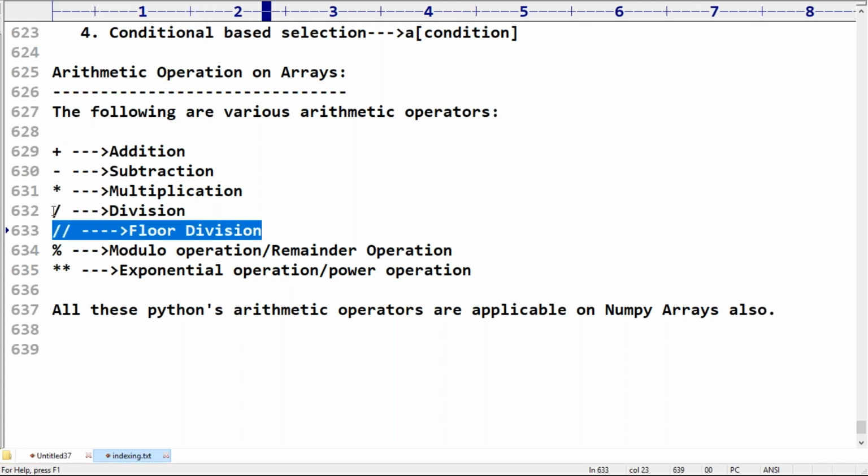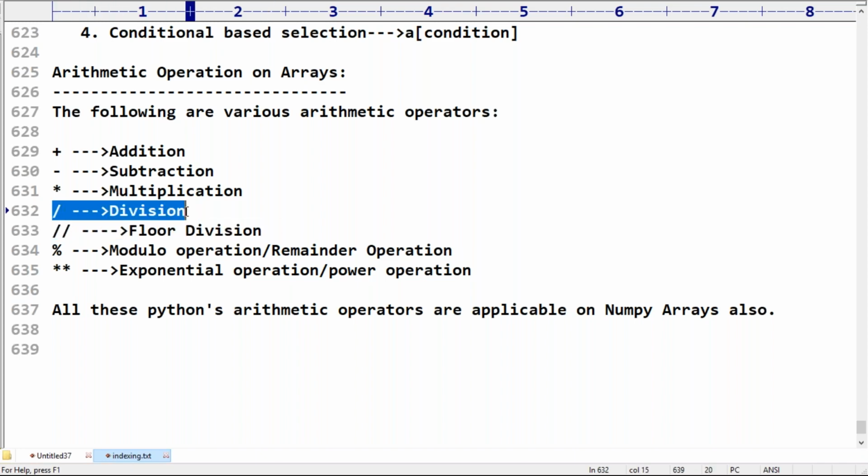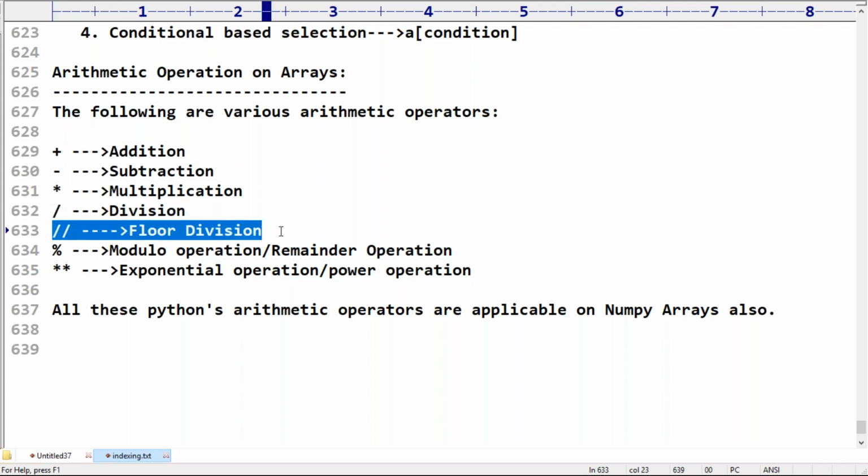The normal division operator is always going to perform float division and always return a float value only. But the floor division operation can perform integer-based division as well as float-based, and it can return an int value or a float value based on our requirement, but it's always going to return the floor value only.